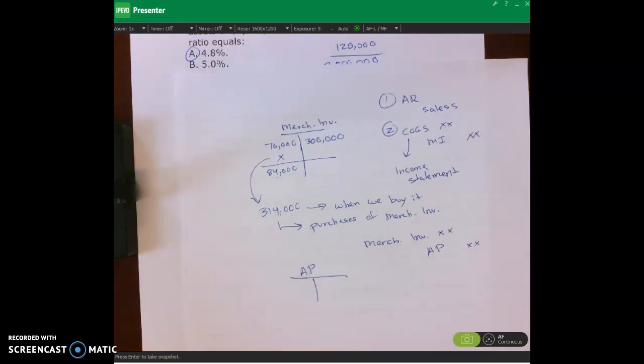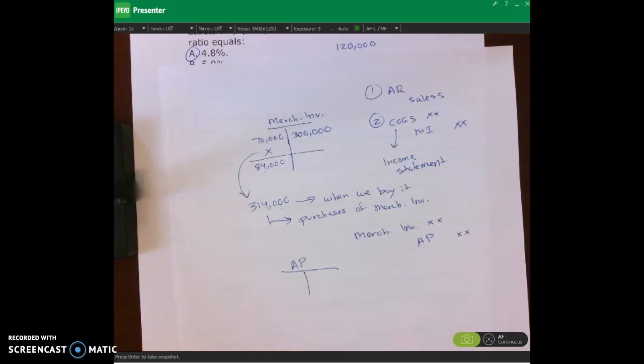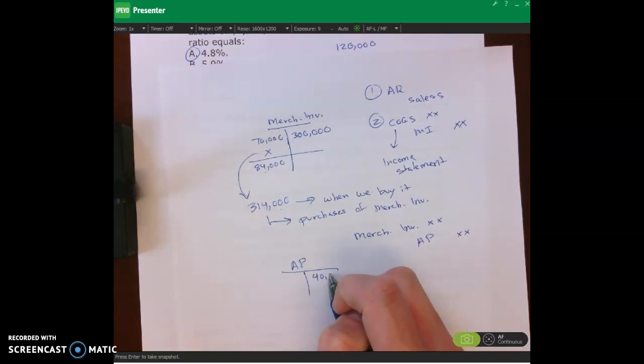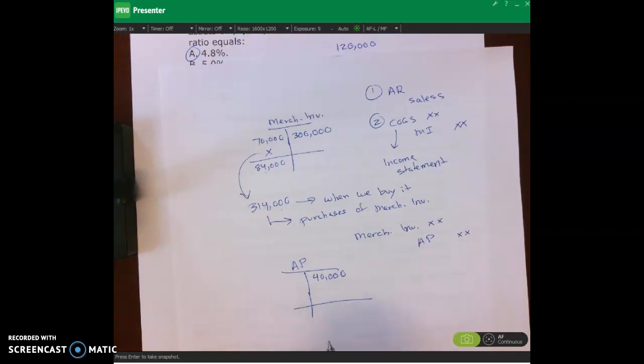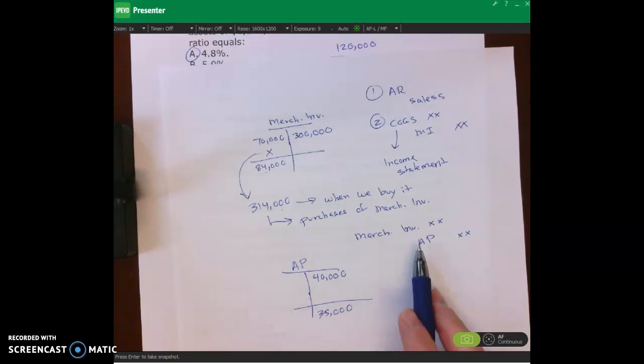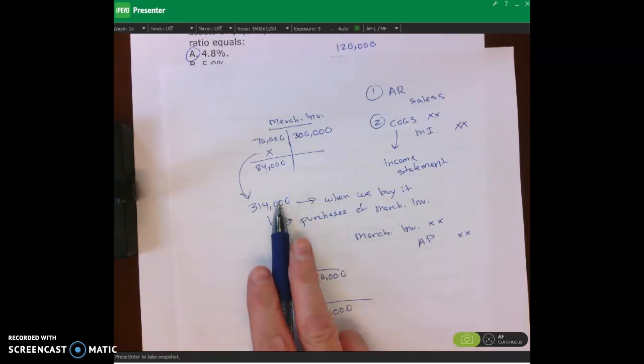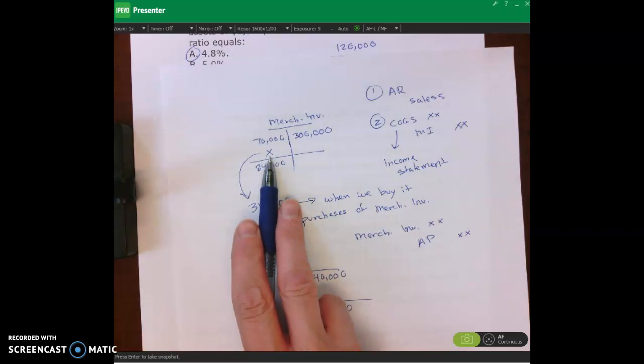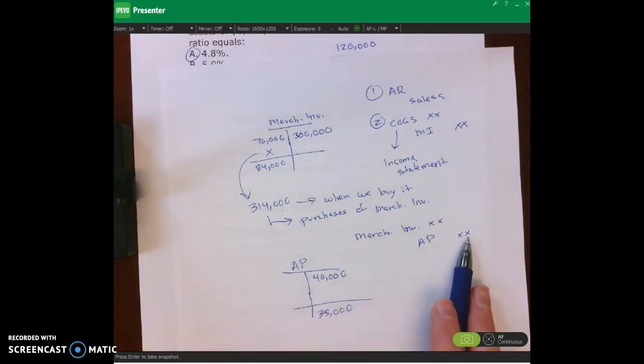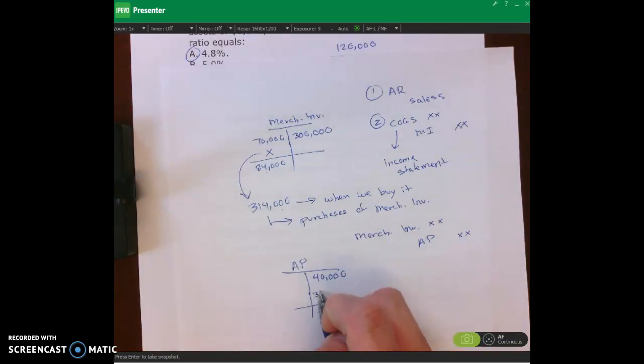If you look back at the balance sheet for Genesis, you would see we have beginning accounts payable of $40,000 and ending accounts payable of $35,000. Now, if we relate this journal entry to over here, that 314 debit to merchandise inventory, and then we credit accounts payable. So I put the 314 on the credit side because of the journal entry.